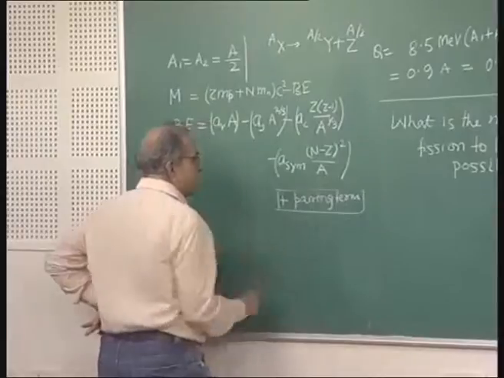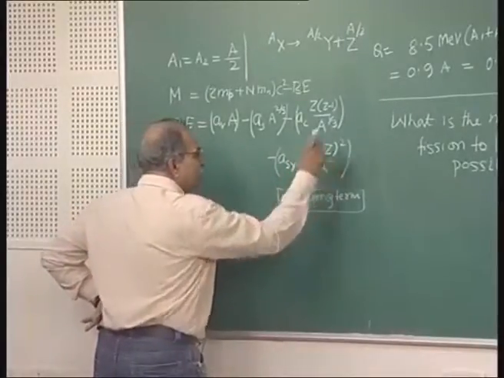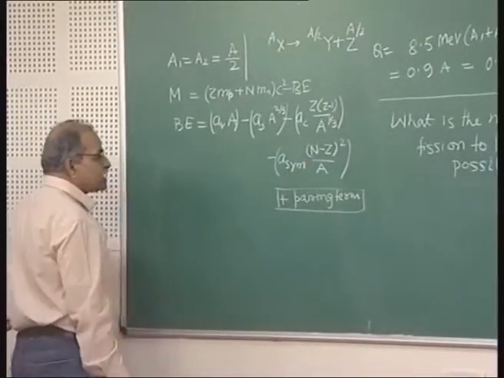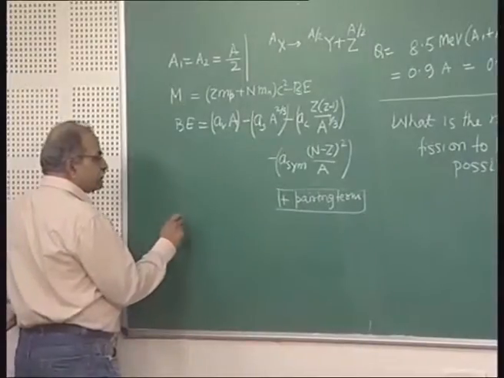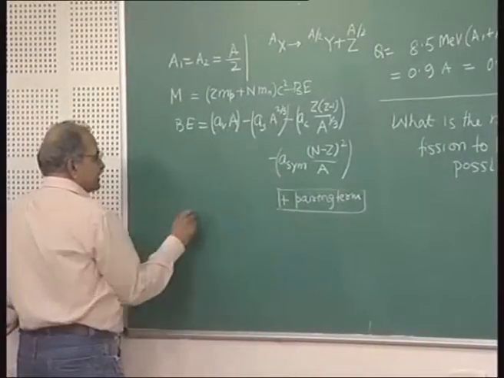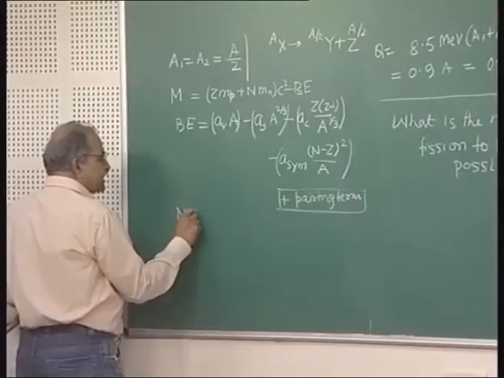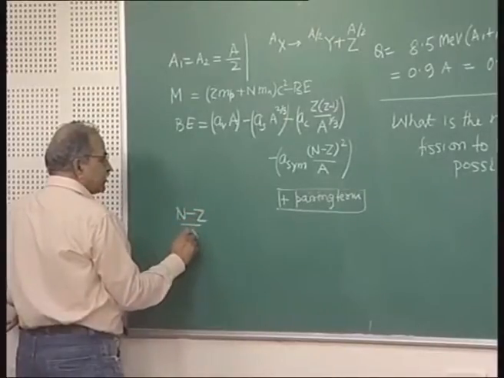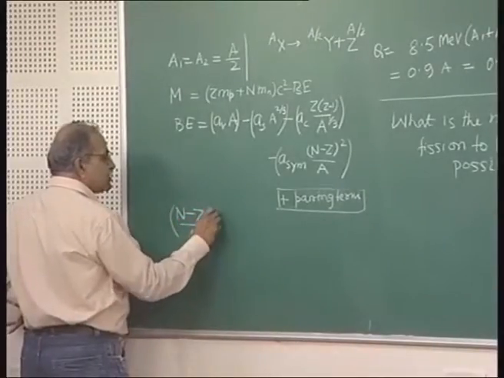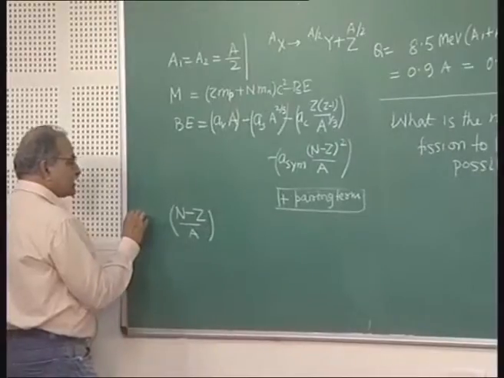What happens to this symmetry energy? This energy arises because n and z are unequal. You can work it out and you can see that this also remains unchanged. Initially it was (n minus z) squared by A, let me call the coefficient just some a.